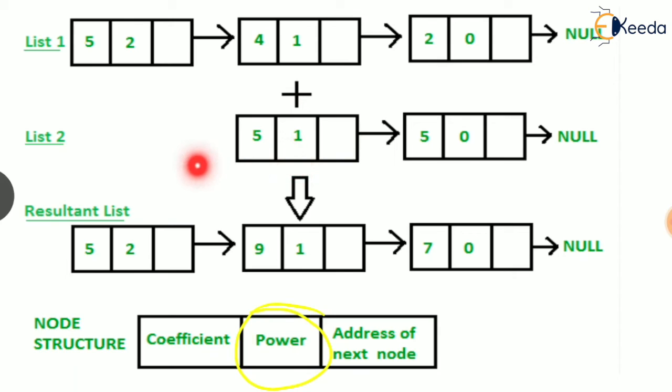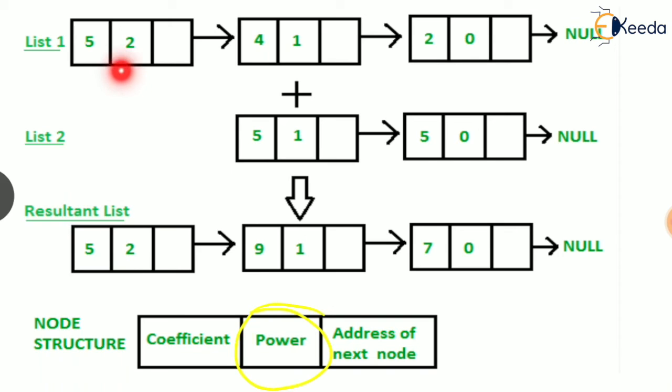By applying rule 1: if the power of list 1 is greater than the power of list 2, then add the list 1 expression term directly to the resultant list.